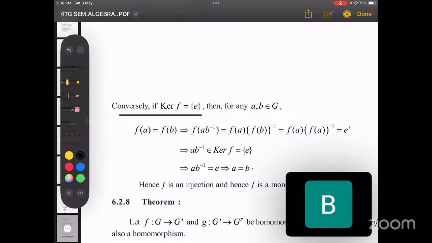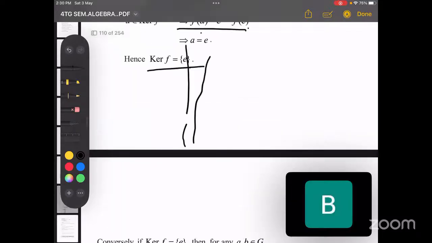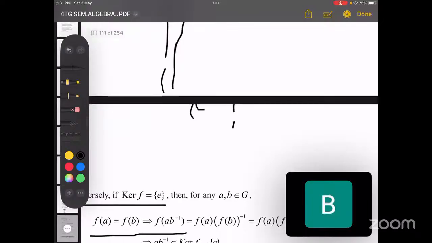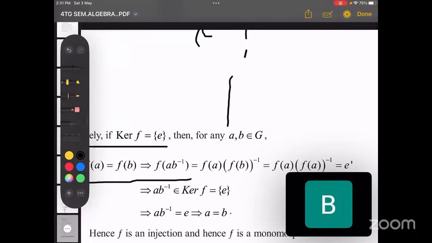F of A is equal to f of B implies f of AB inverse equals f of A into f of B whole inverse.